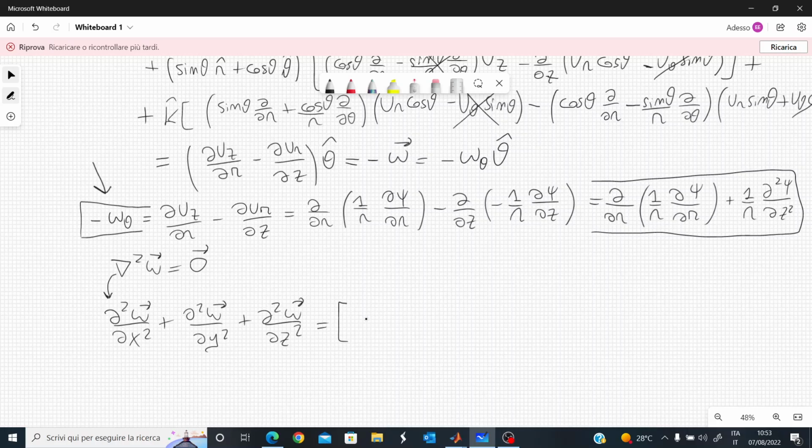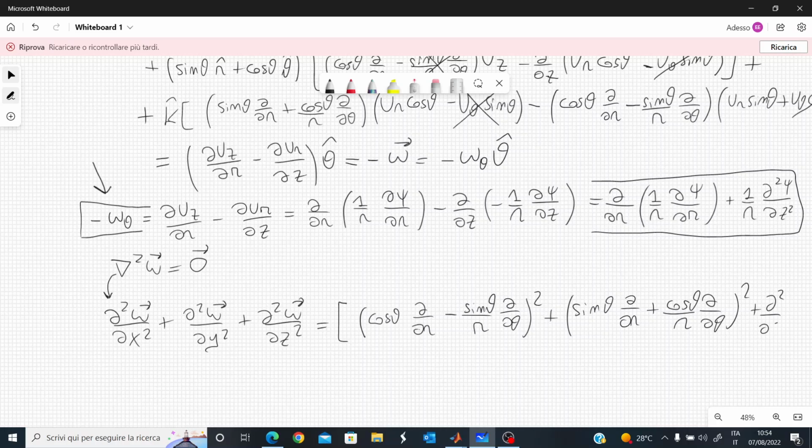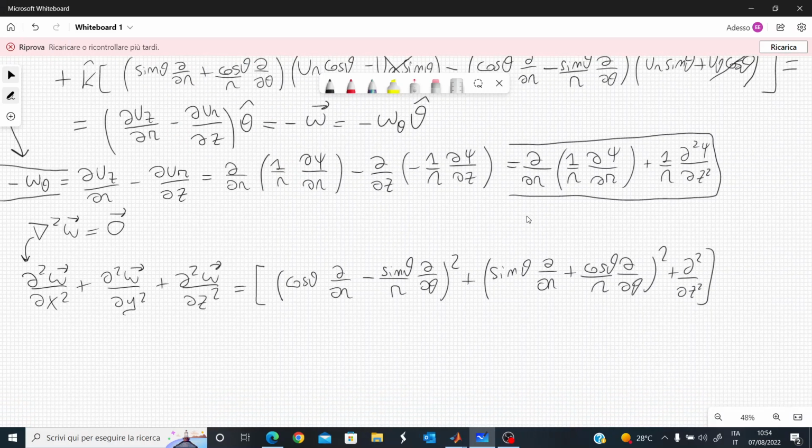And we have the formulas for those. Cosine theta d over dr minus sine theta over r d over d theta squared plus sine theta d over dr plus cosine theta over r d over d theta squared plus d squared over dz squared. And all of this is applied to omega, the vector omega.